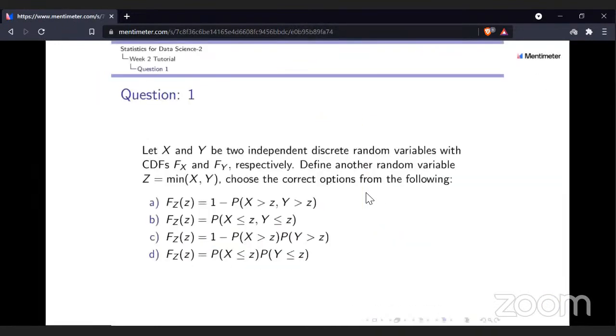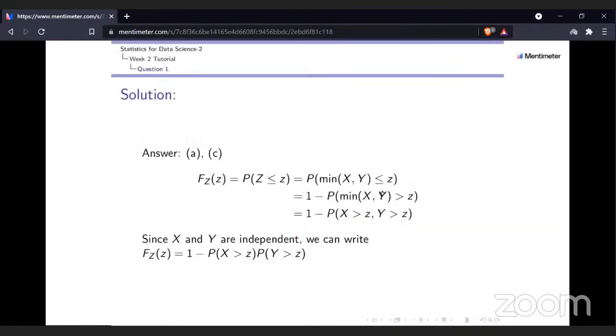So Fz of z, what will you write? You will write the probability that Z is less than or equal to z, and that is the minimum of X, Y less than or equal to z, correct?